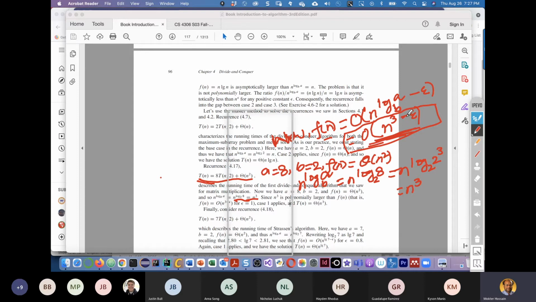Yes, we see that if we have epsilon equal to 1, then the right side n to the power 3 minus 1 equal to n to the power 2. That is equal to our function f(n), right?